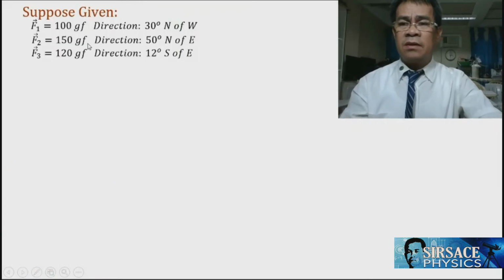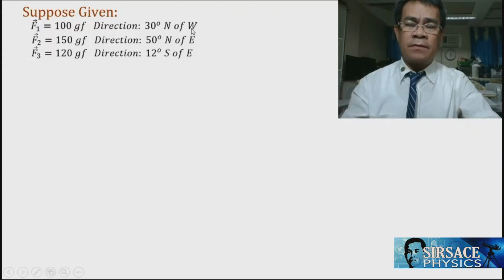Suppose we have three vectors F1, F2, F3, each with a magnitude and direction. F1 has a magnitude of 100 gram force in the direction of 30 degrees northern part of west. F2 has a magnitude of 150 gram force in the direction of 50 degrees northern part of east.